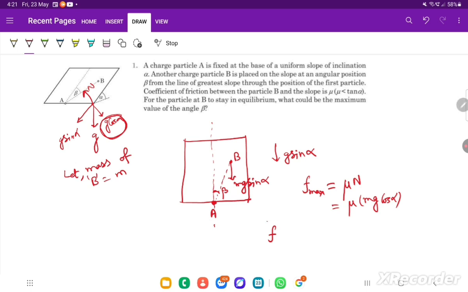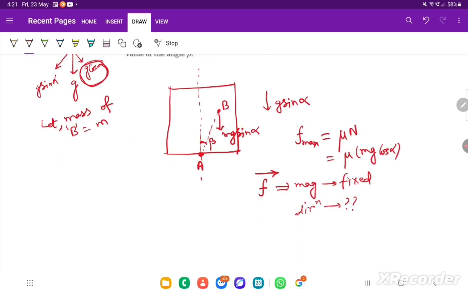So let me write it down here. Magnitude fixed, but direction we are not sure yet. And for mg sin alpha, magnitude and direction both are fixed.